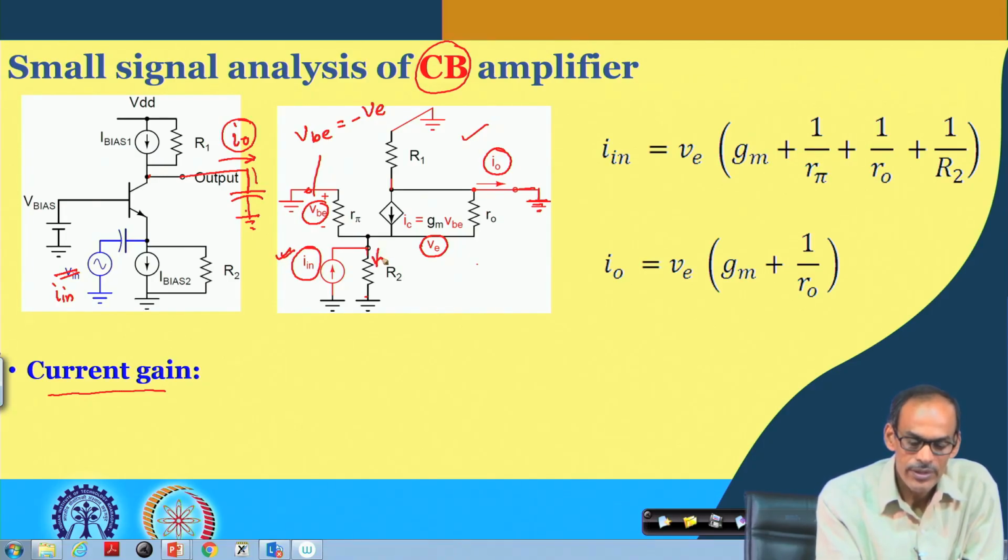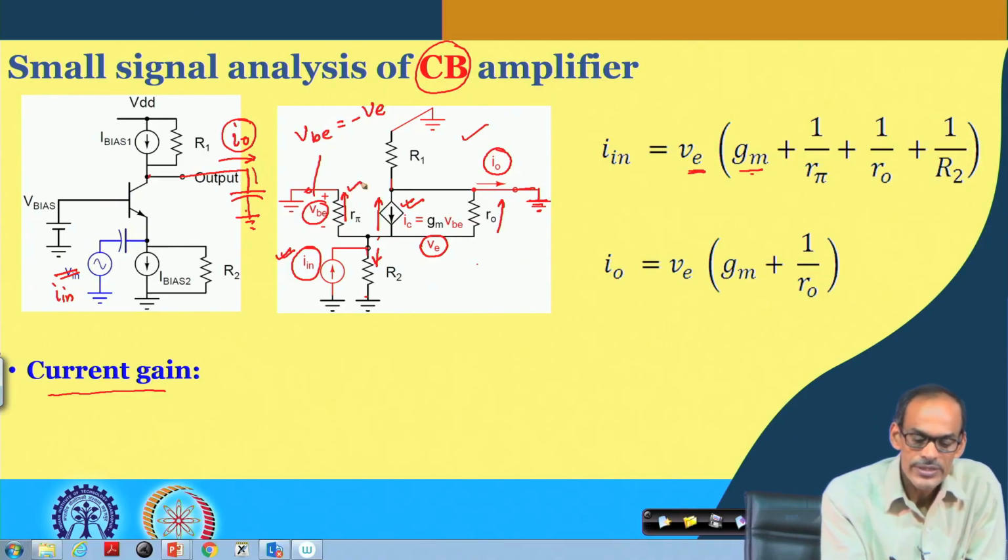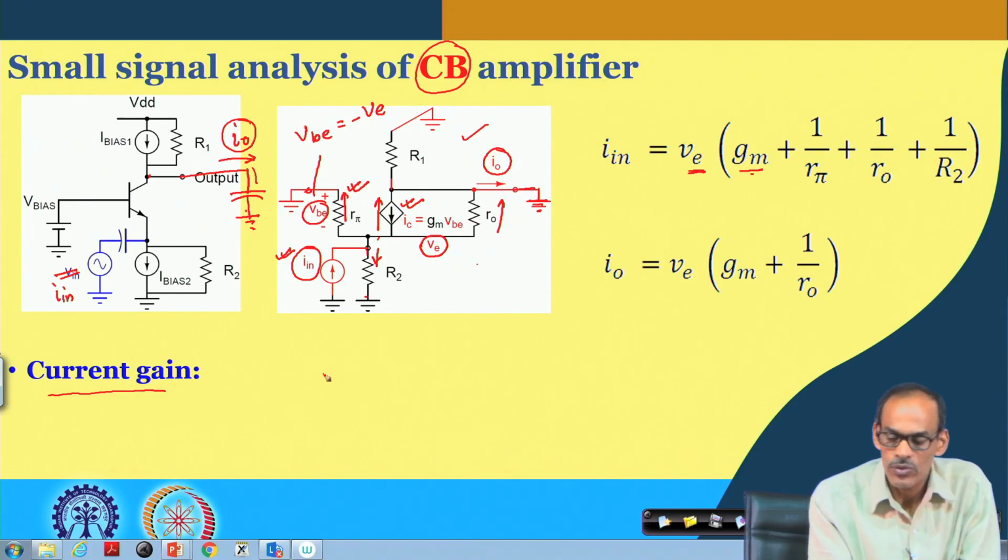One is this part, another is this part, right. And then we also have this current and this current. If you see one by one, this current is Gm into VE. So, that is why Gm into VE is the first part, and then the second part, flowing through R pi, is the voltage here VE divided by R pi.